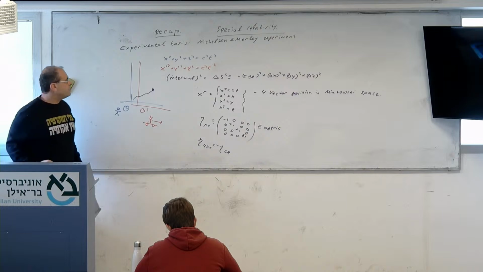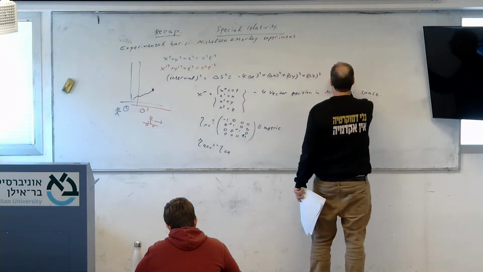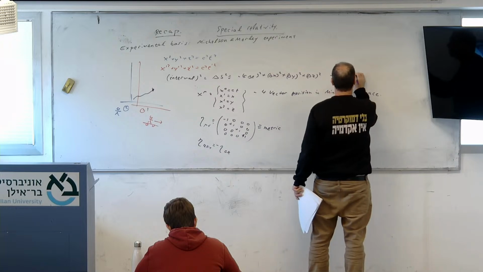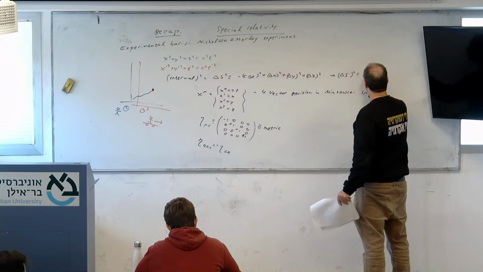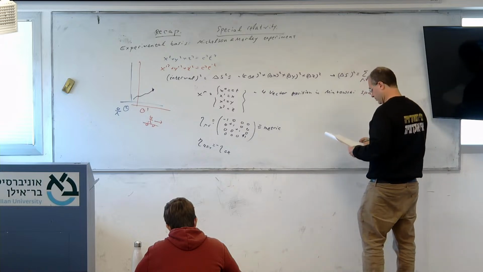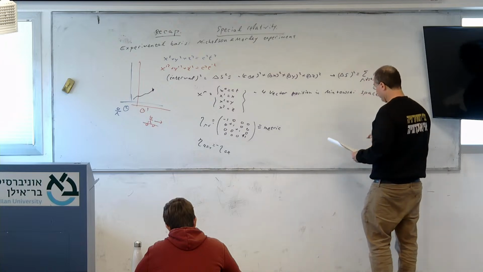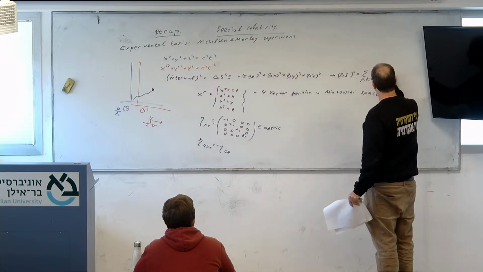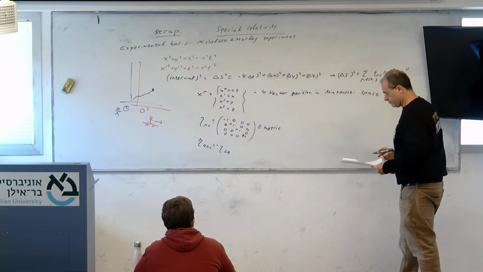And using this matrix, we can write down the interval, delta s squared, in a very compact form: the sum over mu and nu from 0 to 3 of eta mu nu delta x mu delta x nu.